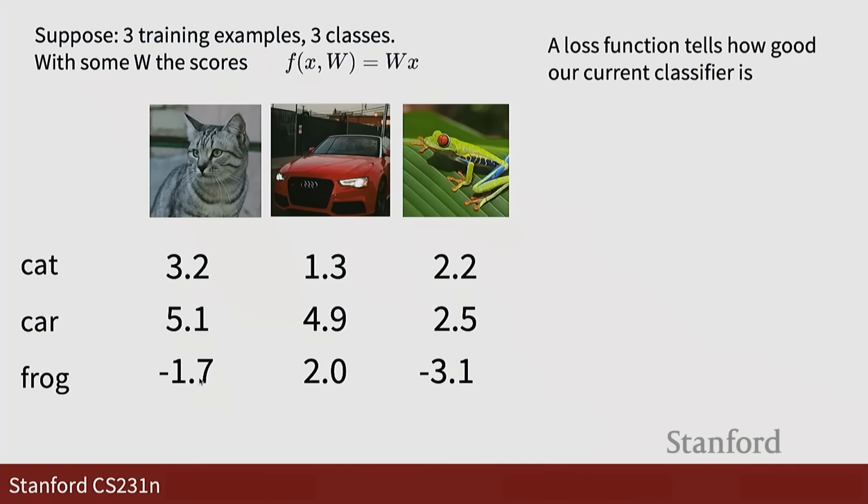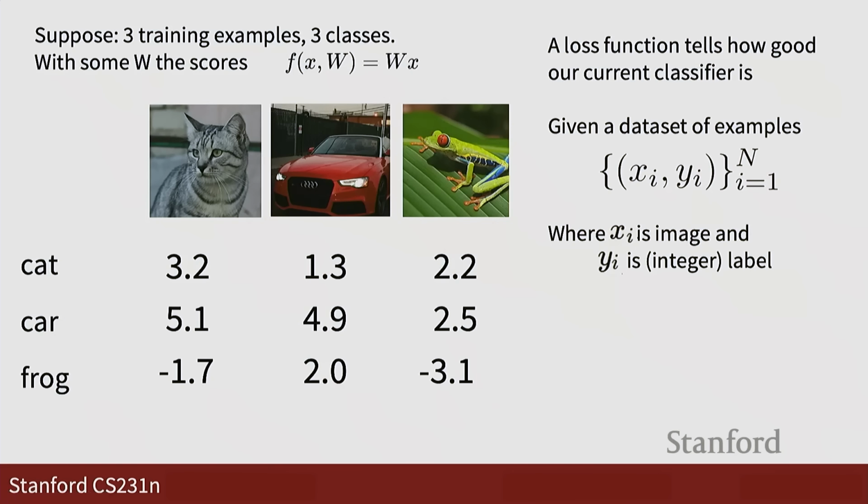We need a loss function that tells how good our current classifier is, and in order to do that, we need to parameterize the problem, x_i and y_i defining the input images and the corresponding labels.